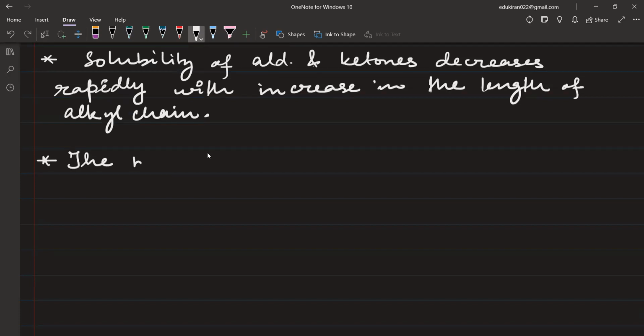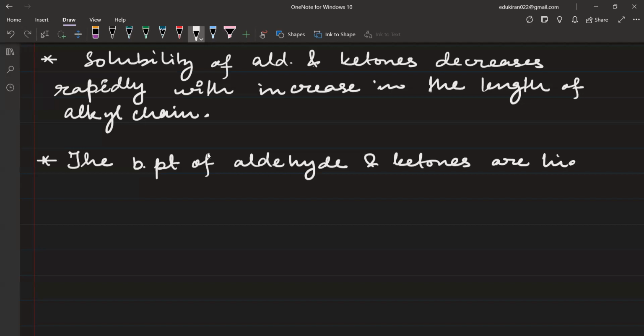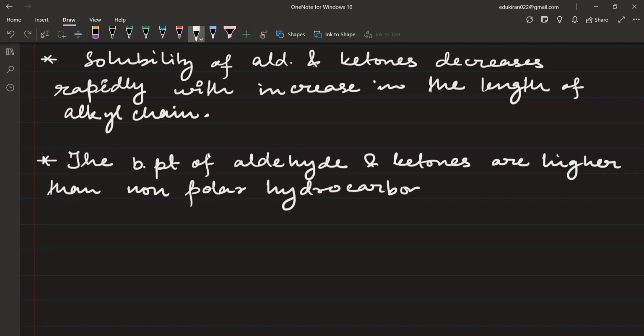Next, the boiling points of aldehydes and ketones are higher than non-polar hydrocarbons, that means alkene, alkyne, benzene, these things, and weakly polar ethers.